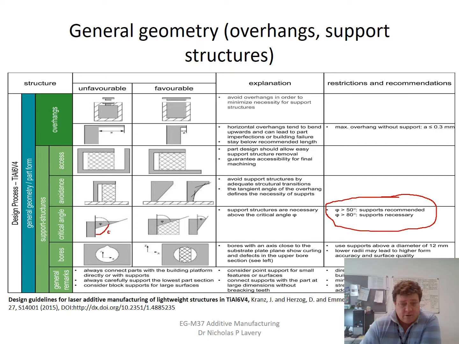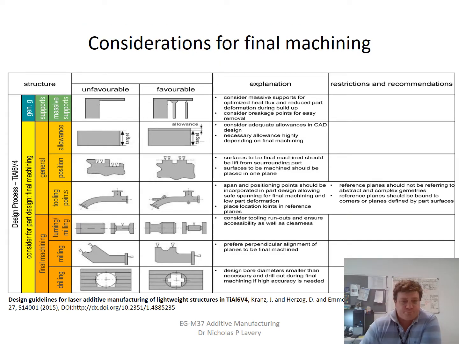They will be able to build on that, but anything which goes more horizontal than that means you absolutely need support structures. There's a range between 50 and 80 degrees, and above 80 it's definitely necessary. But there is a small amount of leeway that you've got, and that always depends upon how much post machining you're going to do anyway.